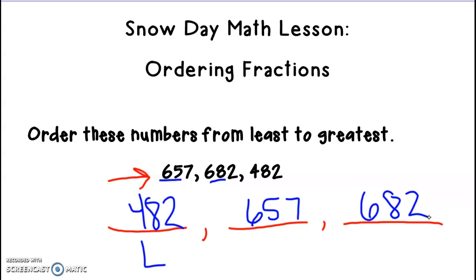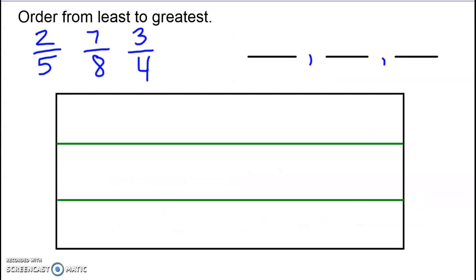But today's going to look a little different because we are ordering fractions. And with fractions, we need to typically use pictures to help us understand how much the fraction is worth. So here's going to be our first example, and for this one I just want you to watch carefully so that you know what to do.